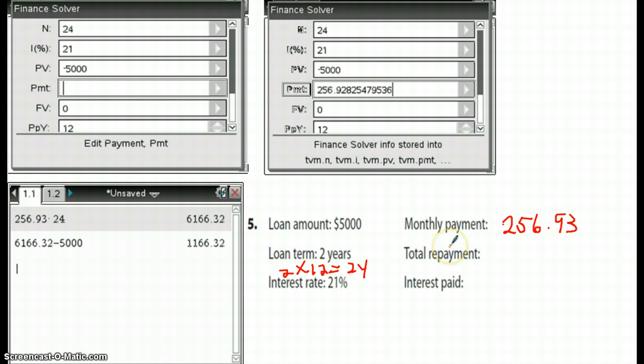Okay, and when I multiply 256.93 times 24, I'm going to have to pay back $6,166.32. And when I subtract 5,000 from what I'm paying back, I get the total amount of interest. So my cost for this particular loan is $1,166.32.